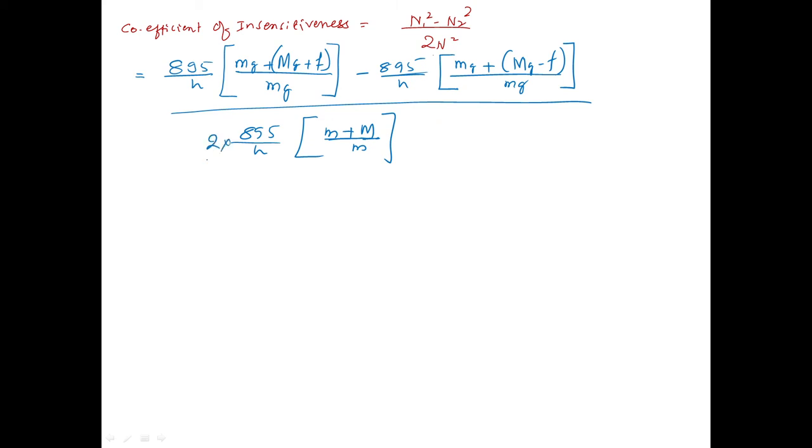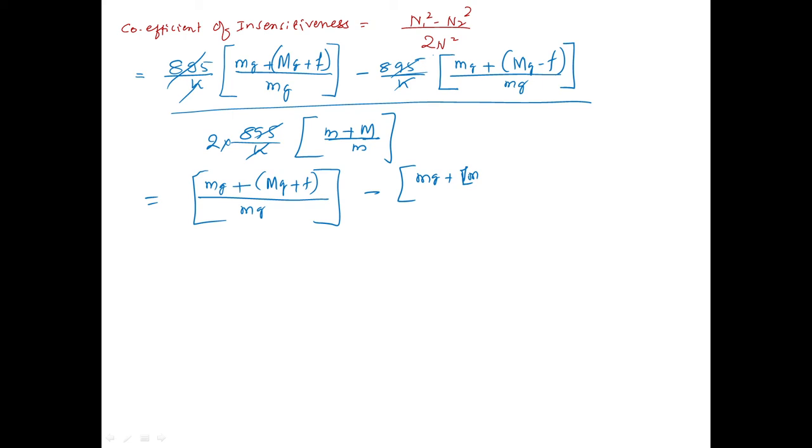In this case h cancels, 895 also cancels. So what remains? You just substitute: mg plus capital Mg plus F divided by mg, minus in bracket capital Mg minus F divided by small mg.